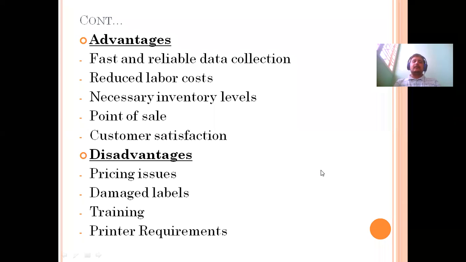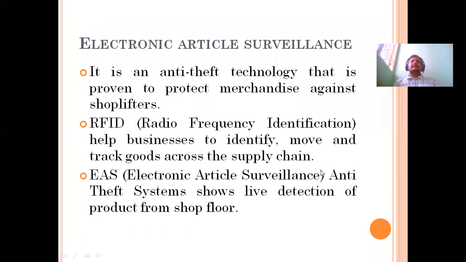Regular amount of barcoding activities. And electronic article surveillance. Yes, in electronic article surveillance, we are going to find that most of the shops are going to create their own kind of electronic article surveillance with their own instruments. Okay, so RFID is one of the instruments.